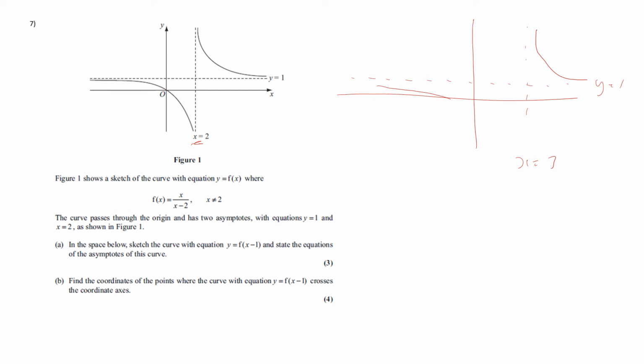So the graph is going to be moved across one place. It's going to go roughly like that. Sorry, that's not very neat. Right, in fact, I'm going to do that again because it's important for the next part. Let me just draw in these axes again.